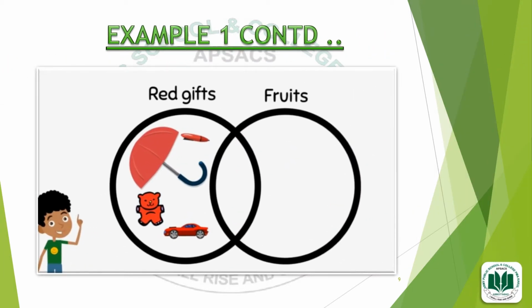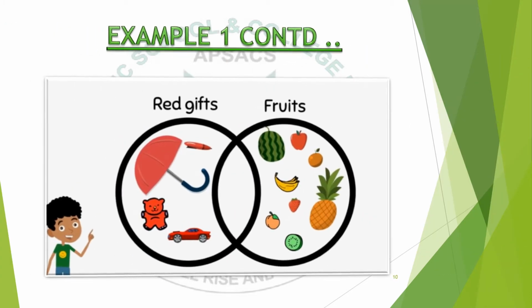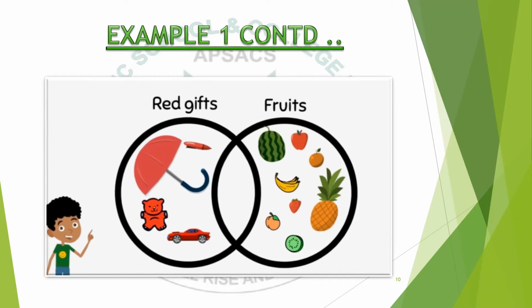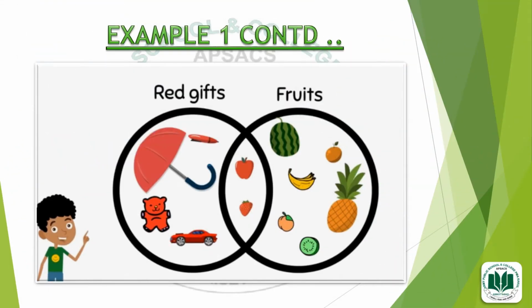Then he started grouping the items inside the circles. Red gifts go inside the left circle. Fruits go inside the right circle. And red gifts that are also fruits, such as apple and strawberry, go into the overlapping part of the circles.